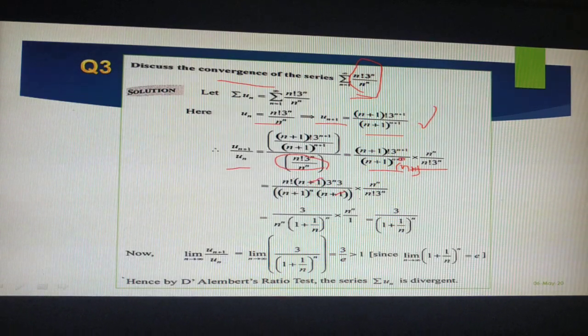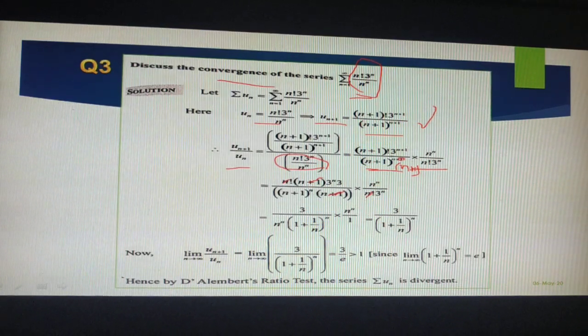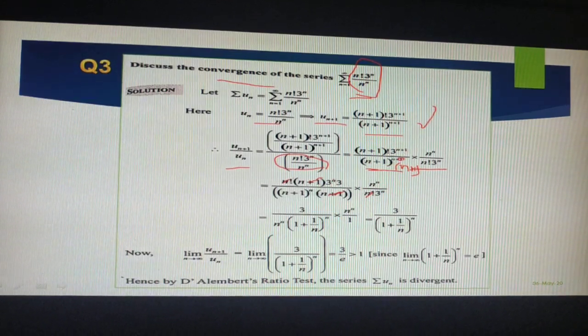So this (n+1) gets cancelled, and one more term is there, (n+1) whole to the power of n, okay, let it be, and this n factorial and this n factorial get cancelled. From the remaining, this is 3 to the power of n into 3, so this 3 to the power of n, 3 to the power of n get cancelled, 3 will be remaining.